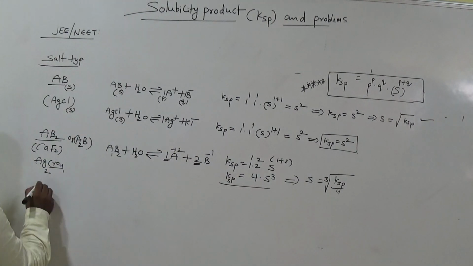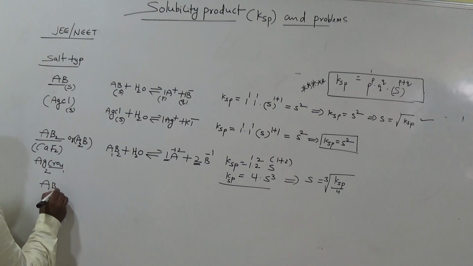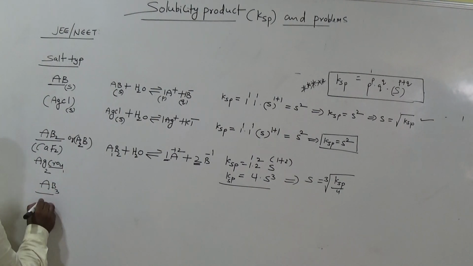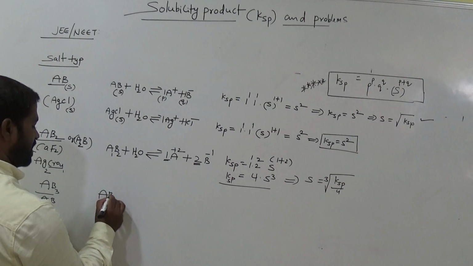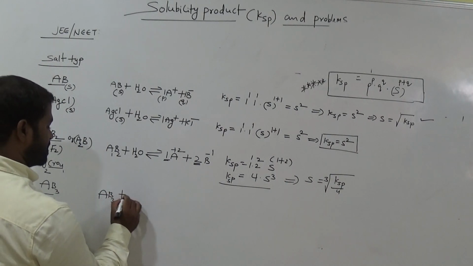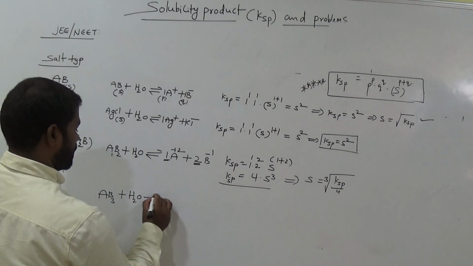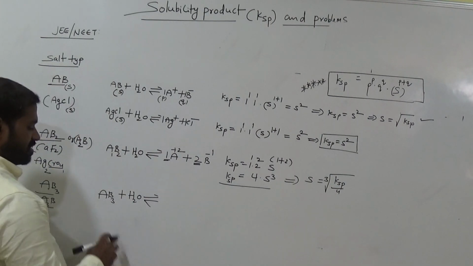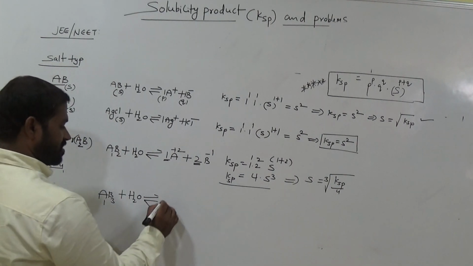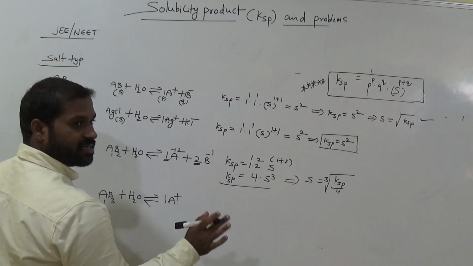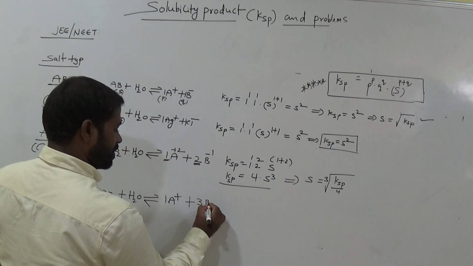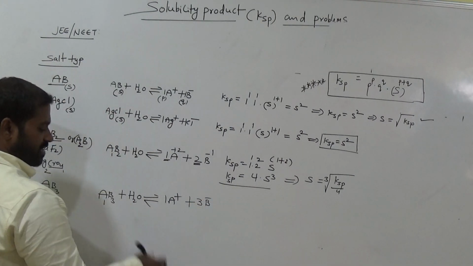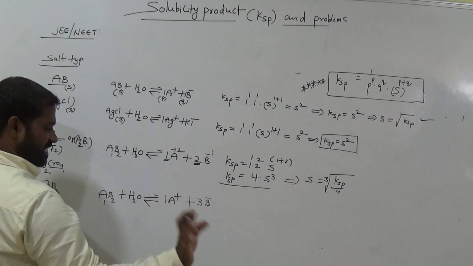Clear? Next, AB3 type or A3B type, both are same. So in this case, AB3 plus H2O, simply write, here it is 1, am I right? So 1 into A plus, simply write, don't confuse. How many B here? 3. B minus, you can simply write, no need to write 1 plus 3, just remember.